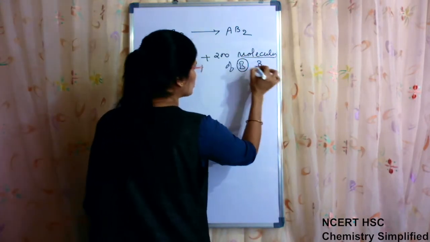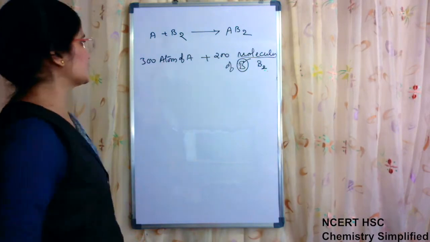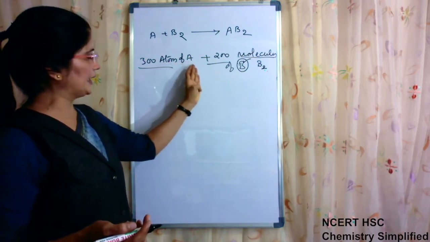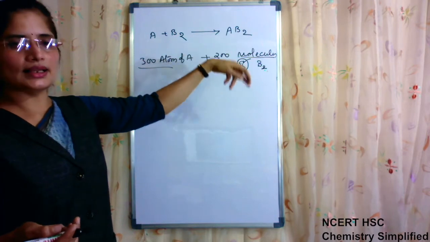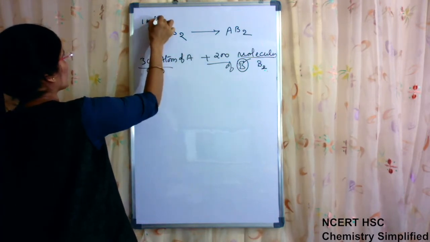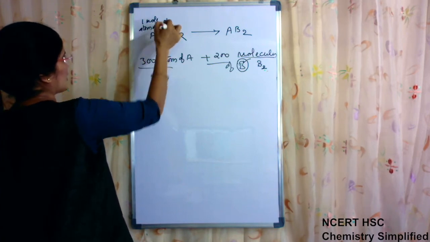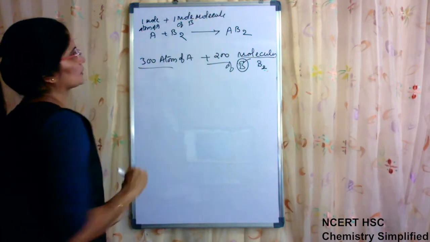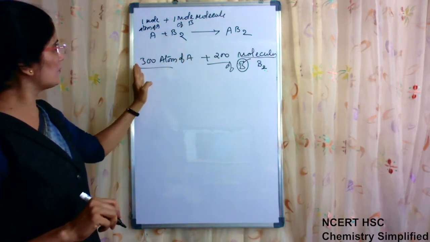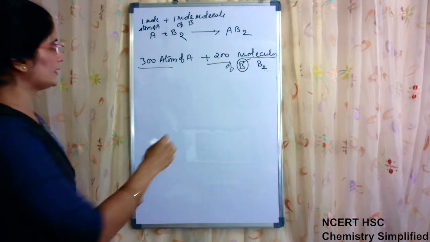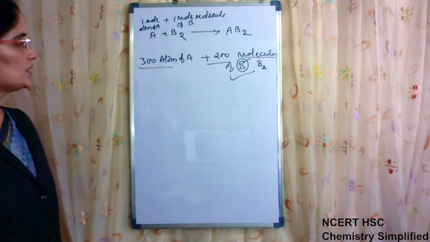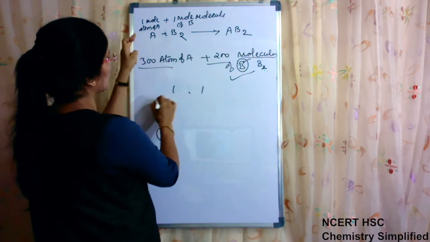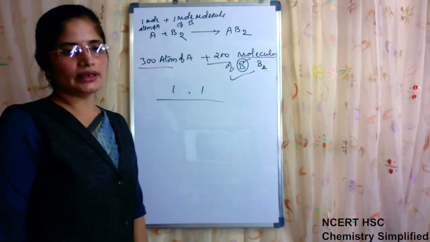So whether you write B2 or you consider B as B2, because the word molecule is written, you can suggest which is the limiting reagent simply. 300 atoms of A and 200 molecules of B. According to the balanced chemical equation, 1 mole atom of A reacts with 1 mole molecule of B. That is why when 300 are here and 200 are here, definitely B2 will act as the limiting reagent, because for 300 we require 300 here also, as they react in a 1:1 ratio. So this is the limiting reagent. Clear?